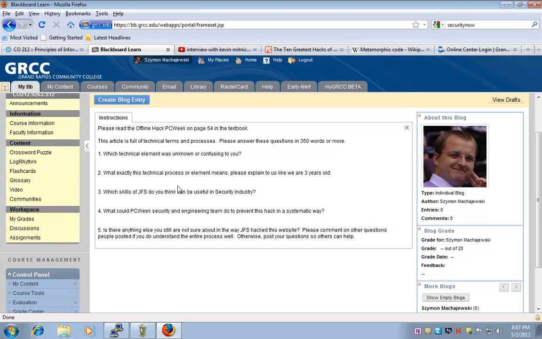What exactly does this technical process or element mean? And please explain to us like we're 3 years old, right? So if they're talking about buffer overflow, how do we explain that to someone that may not know much about technology? And finally, which skills of JFS, which is just his handle, do you think can be used in the security industry?